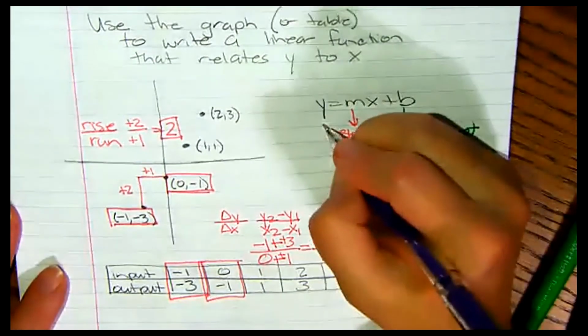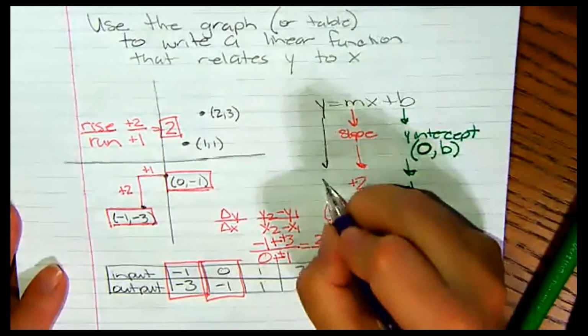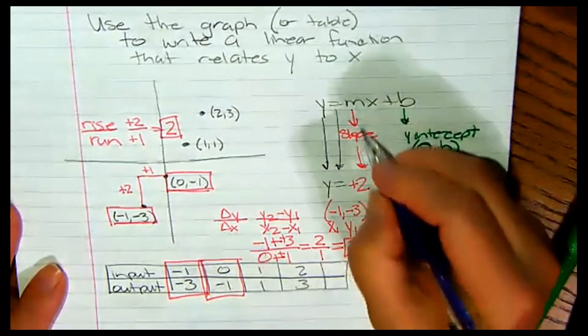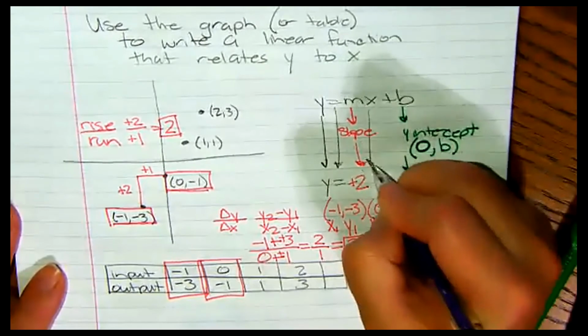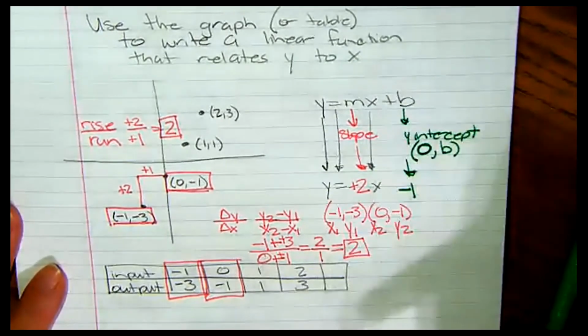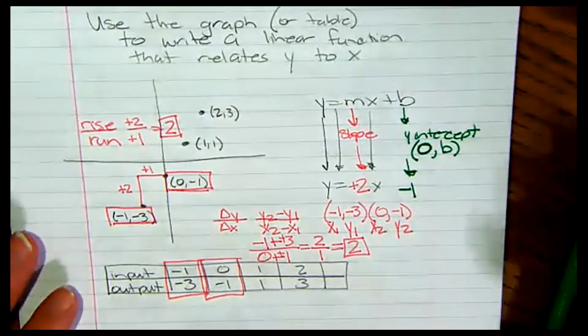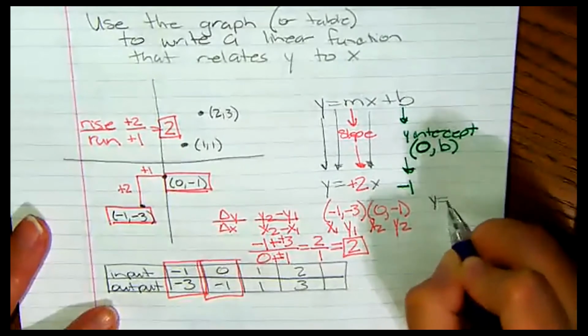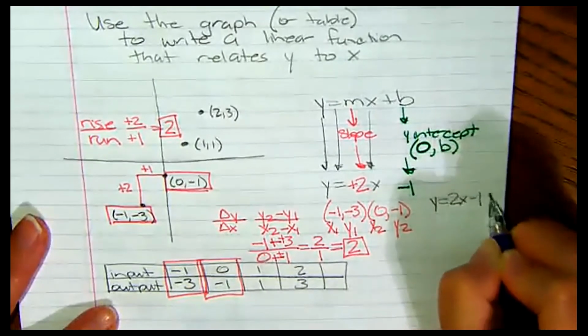Then everything else comes down. y equals mx plus b. So my linear function, or my linear equation, is y equals 2x minus 1.